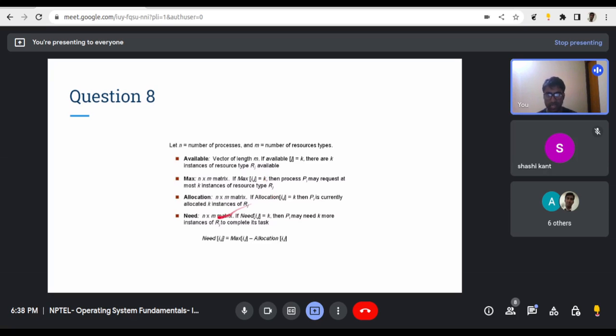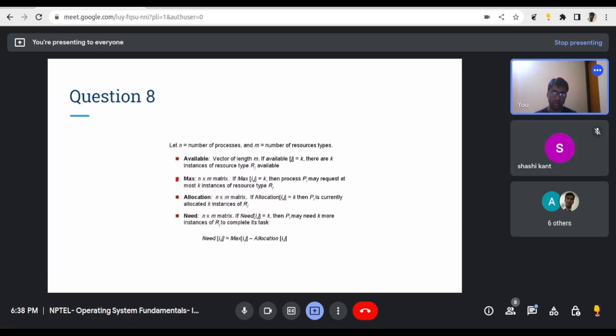Need, if it is equal to k, means process Pi may need k more instances than what it already has of resource type Rj to complete its task. So it can never exceed max.